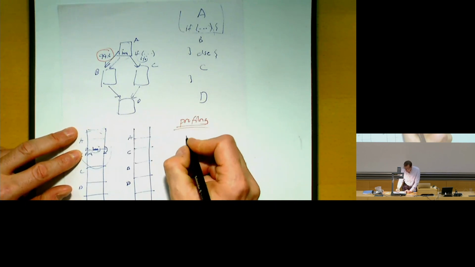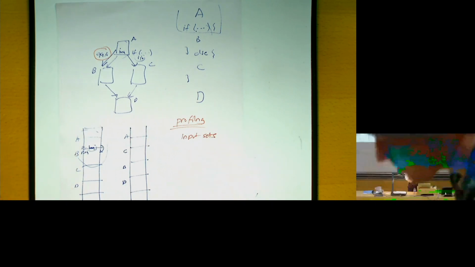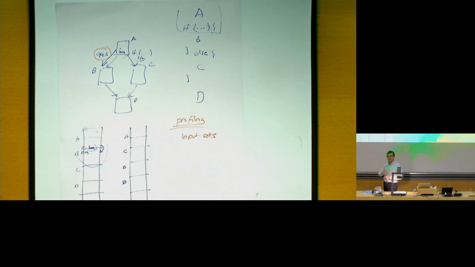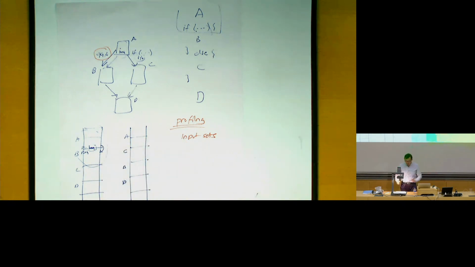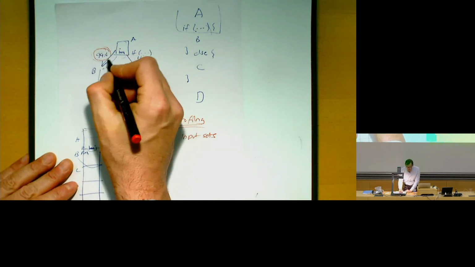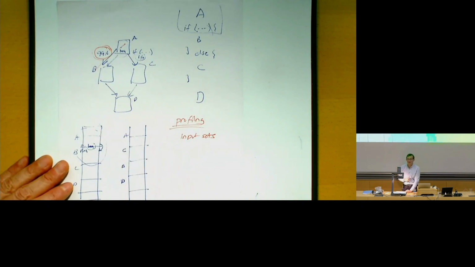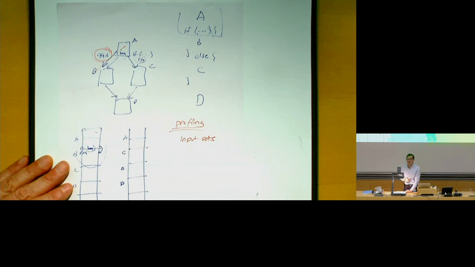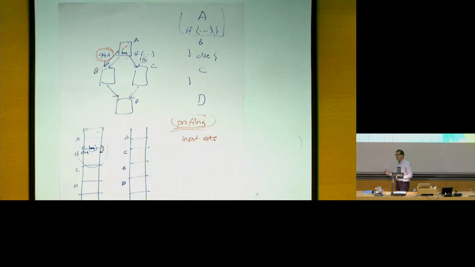They profile some input sets, run the program with multiple different input sets, and they figure out, okay, out of all of the runs of this branch, the branch was 99% going this way, A to B. So they can figure this out by running the program multiple times. This is called input profiling or program profiling. Of course, it's heavy, because before you run the program, you need to actually do these many runs.